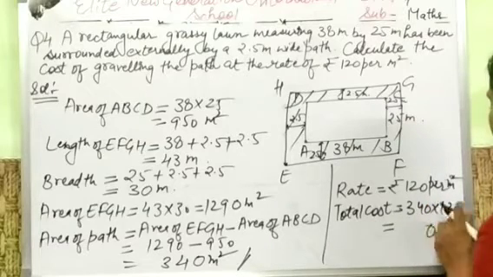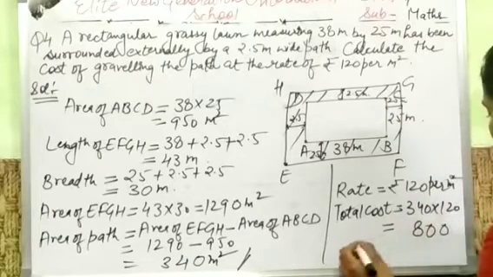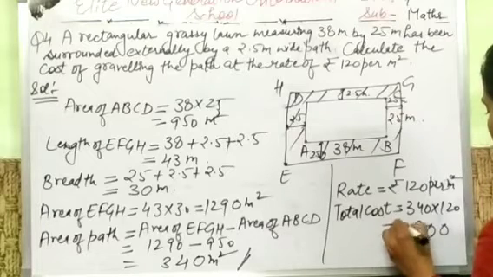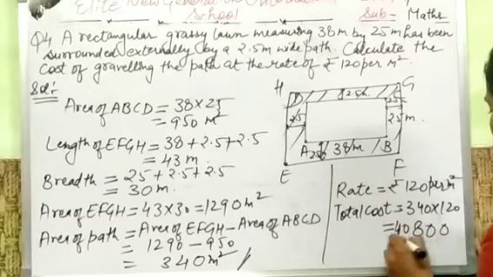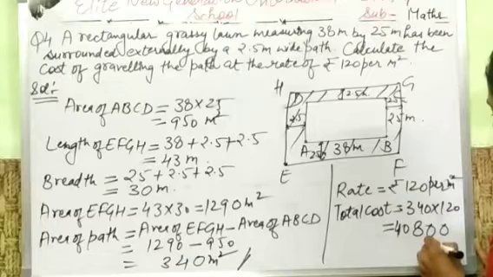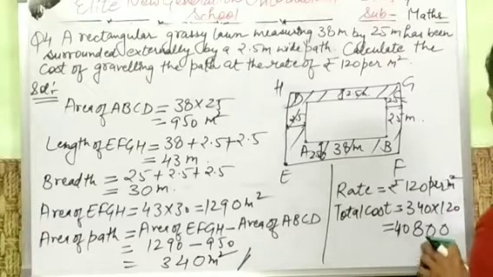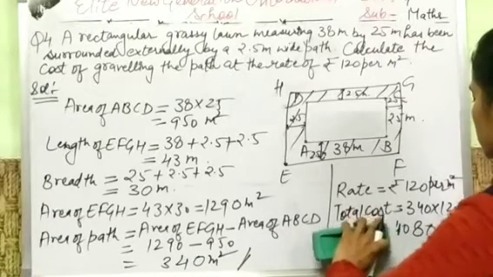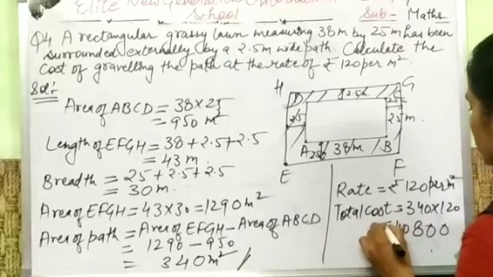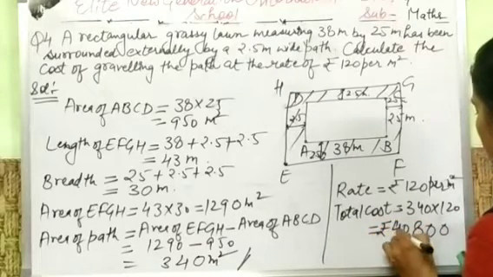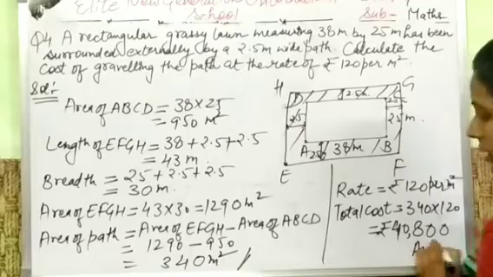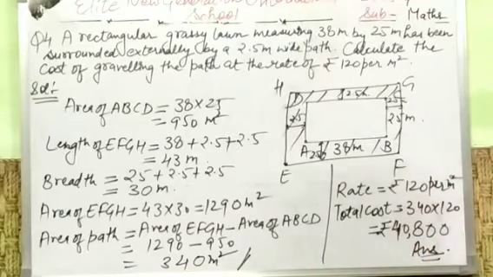So here we will get 40800 rupees. This is the cost, so we have to write rupees. 40,800 is the answer.